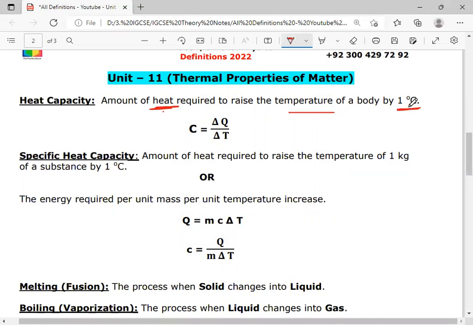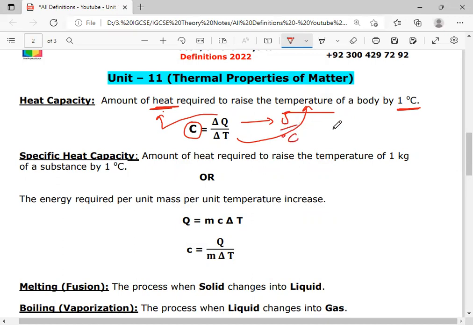The symbol of heat capacity is capital C. The symbol of amount of heat is delta Q, and the symbol of temperature is delta T. So its formula is capital C equals delta Q over delta T, and obviously the unit of heat will be joule, and the unit of temperature will be degree Celsius.